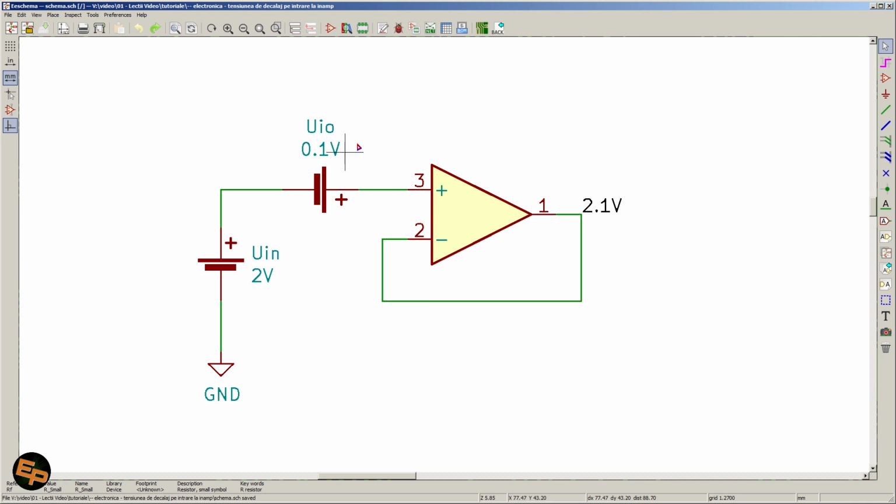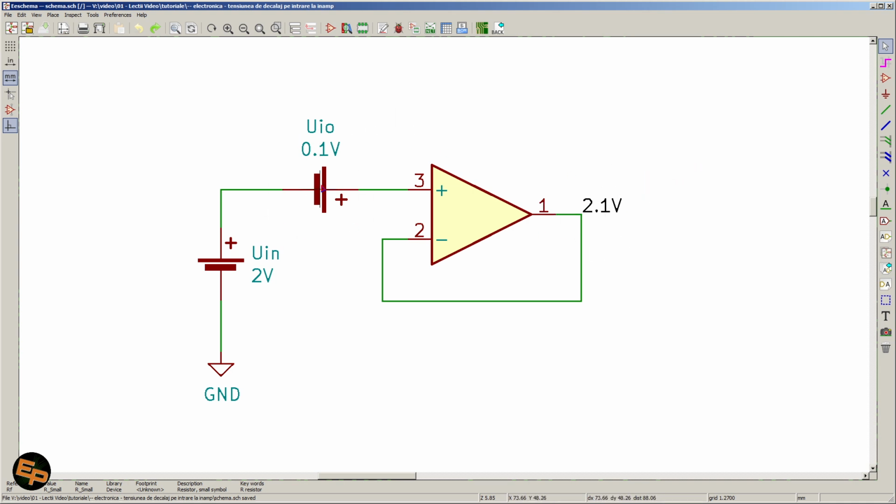So if we have 100 millivolts and it's a positive voltage, and we apply a positive 2 volts on the plus input of the op-amp, then the op-amp will effectively see 2.1 volts on the input, and therefore will throw 2.1 volts on the output.